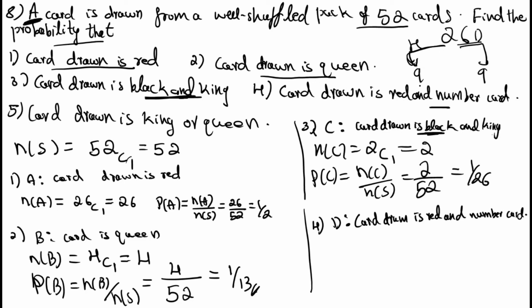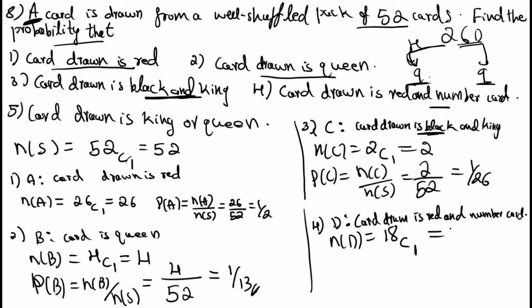In heart, how many number cards are there? 9 number cards are there. In a diamond, how many number cards are there? 9 number cards are there. So n of D is equal to 9 plus 9, right? Card is red and number cards, 9 plus 9 is equal to 18, out of which you need to select 1.